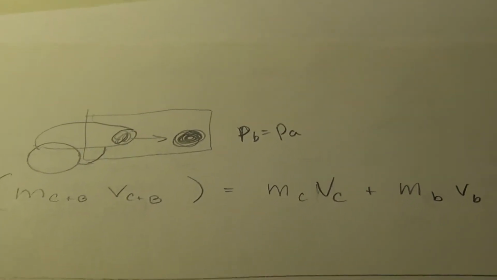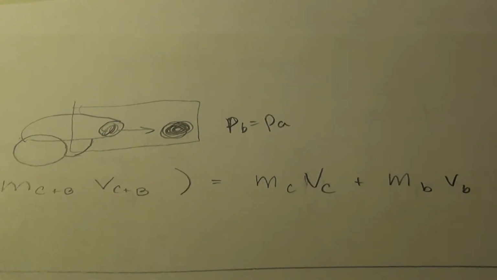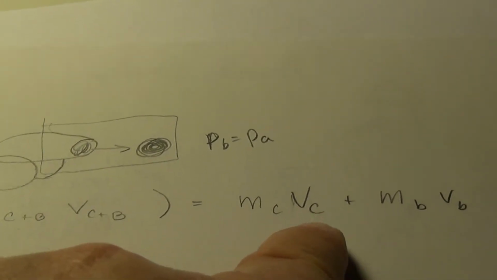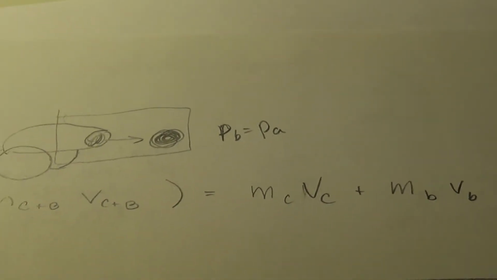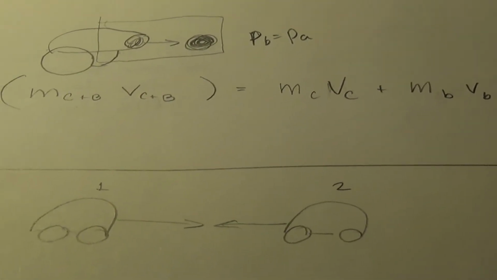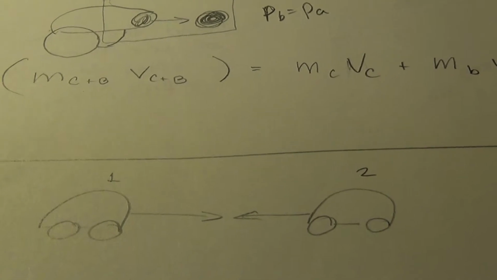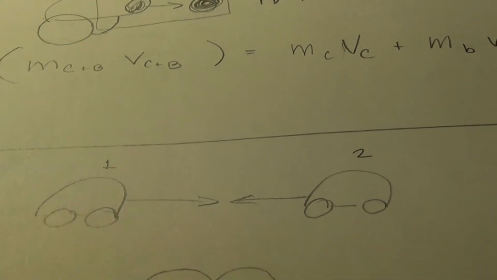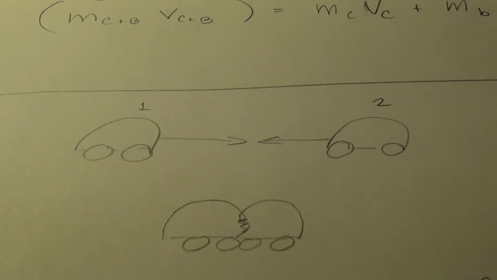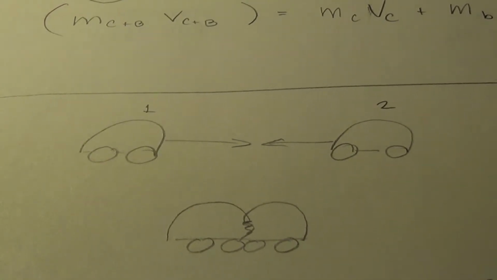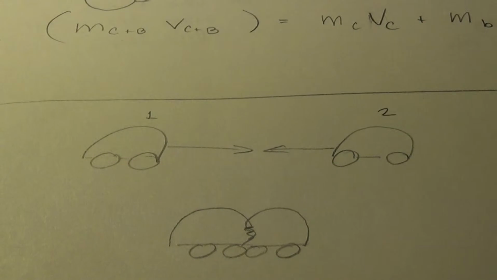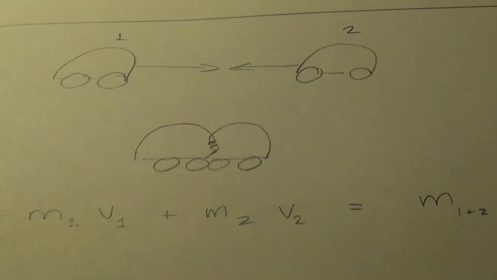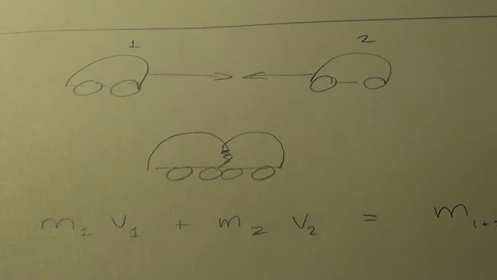We actually did one with numbers, and I think we were looking for the velocity of the cannon, which we called recoil. So that was good. But then we did a second one where we had two cars, thing 1 and thing 2, and they collide and they connect as one. And we wanted to know which way it traveled. This time the two are separate before the event occurs.